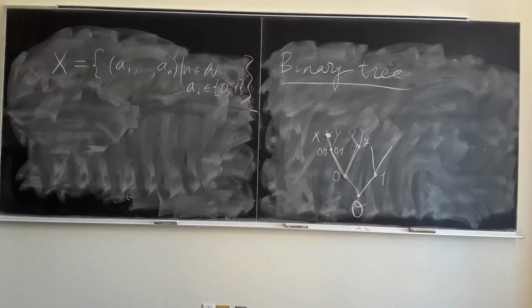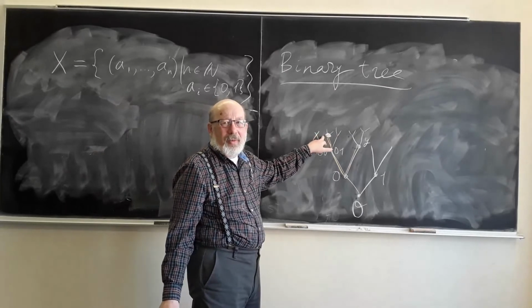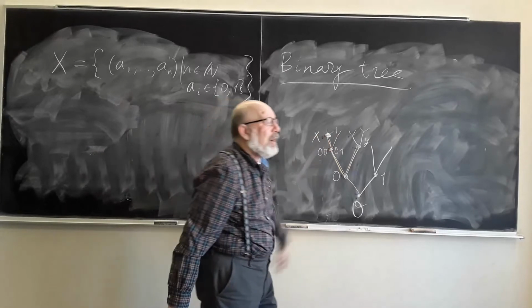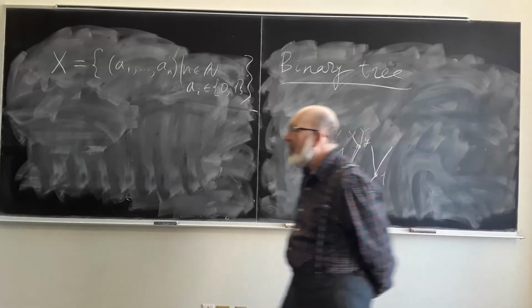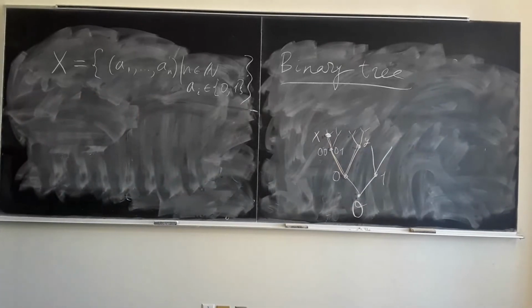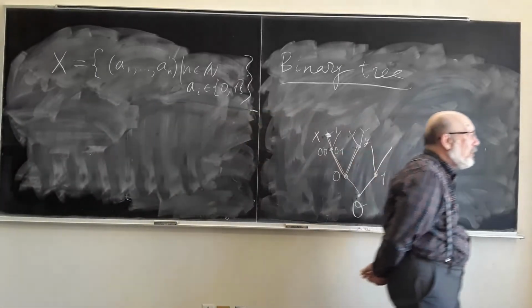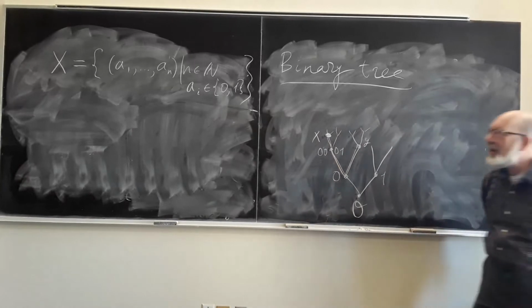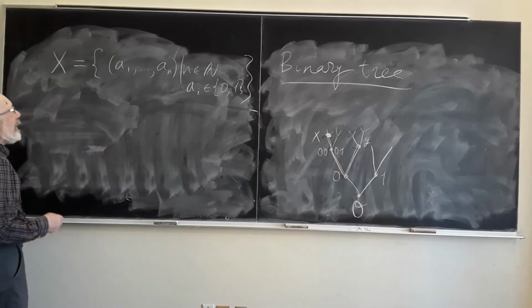So for any such finite sequence, we have some uniquely defined vertex here. Yeah. Now, what is the distance here? And now I wanted to write a formula which maybe is one of the universal formulas in a wide class of situations.